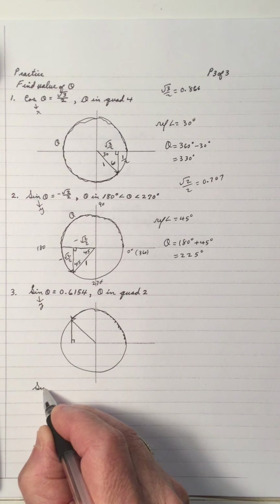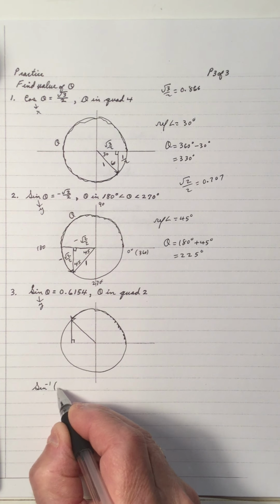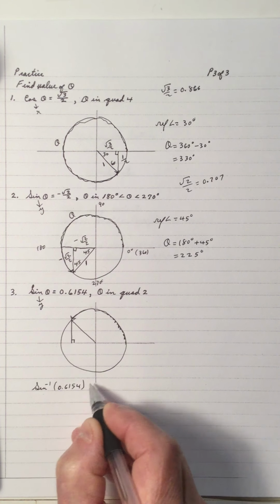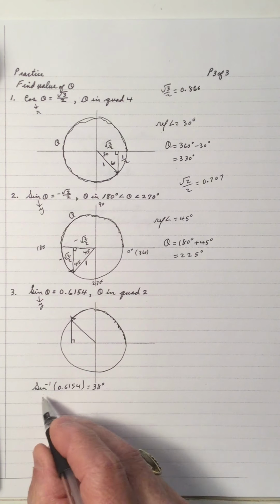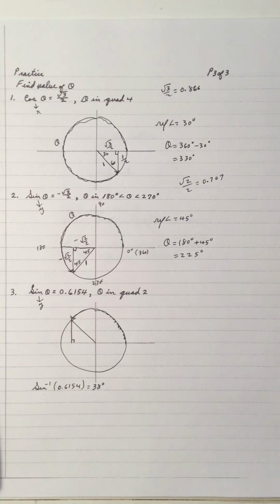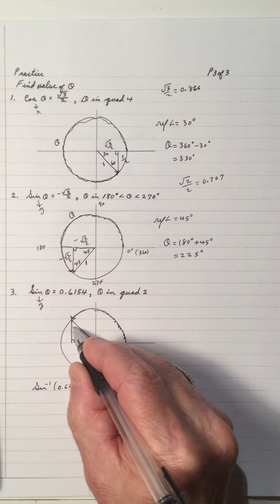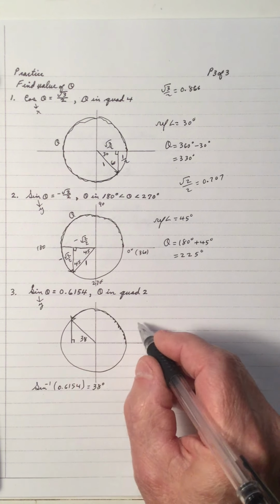So sine to the negative 1 on 0.6154 equals, and that gives us 38 degrees. Notice it's positive, so the reference angle is 38 degrees. I could put this one in if I want, and that one would be 52 to make up the 90, but I don't need it.